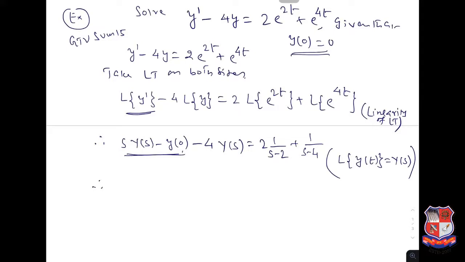So here we can put y at 0 equal to 0. And these two we take together. So that is nothing but s minus 4 Y(s).